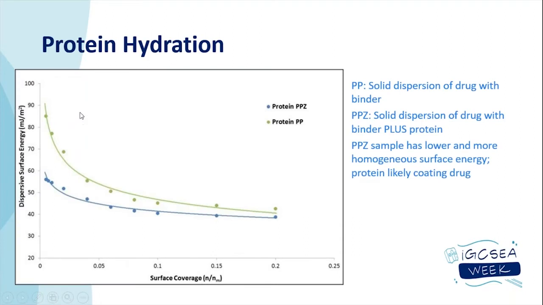What that allows us to do is get the surface energy, as we see on the y-axis, as a function of surface coverage. When we're all the way off to the left, the surface energy values that we measure are biased by the most energetic sites. Then as we cover more of the surface and wet a larger fraction of it, we get more of an average surface energy value.